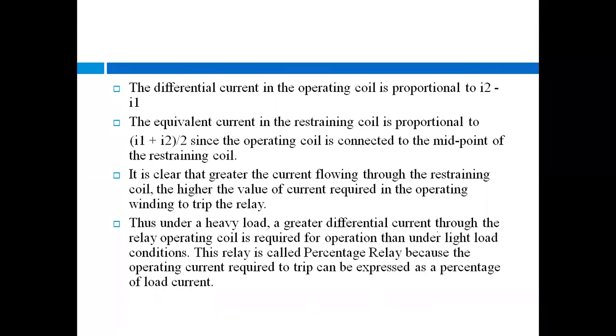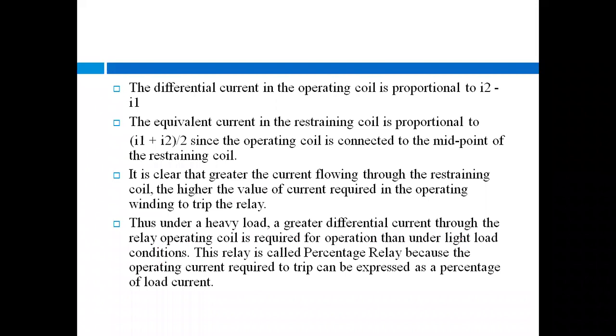So under a heavy load, a greater differential current through the relay operating coil is required for operation than under light load conditions. Means if we are connecting heavy loads, then more differential current will be required for the operating coil.